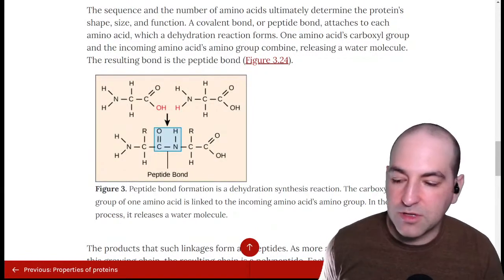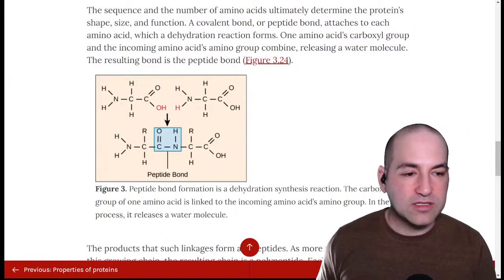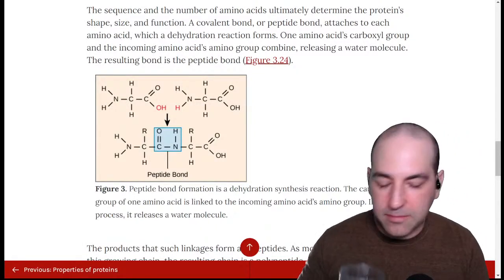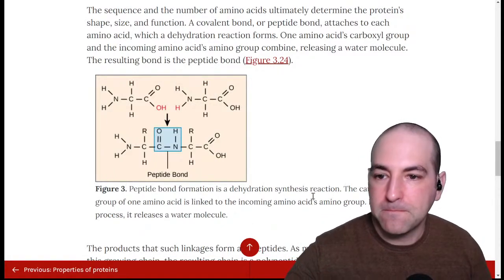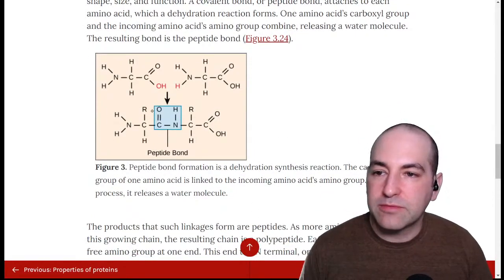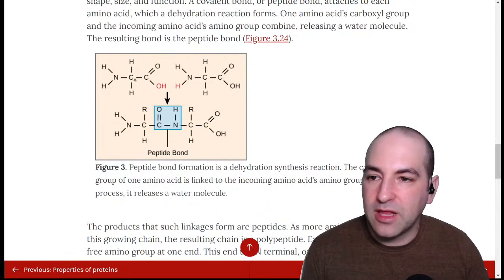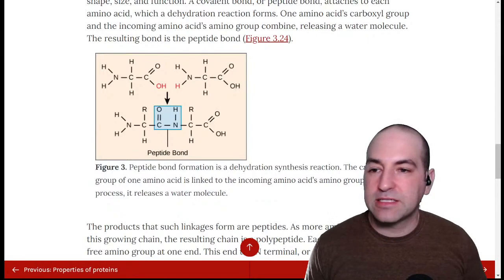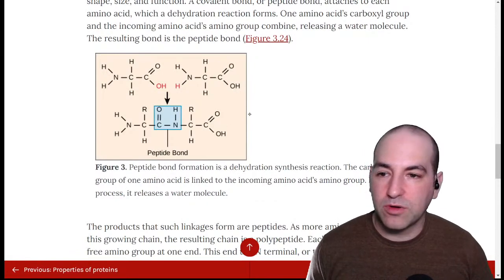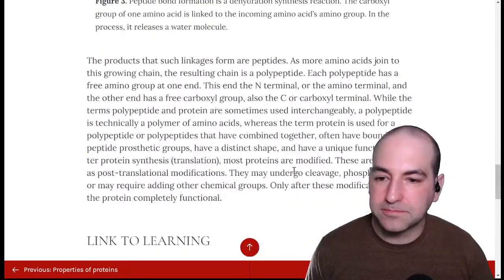It's also sometimes called an amide bond, but in the context of proteins, it's usually called a peptide bond. In this case, this is glycine and glycine, so you'd have two glycines linked together. And this is the basic reaction for how all proteins are then linked together.